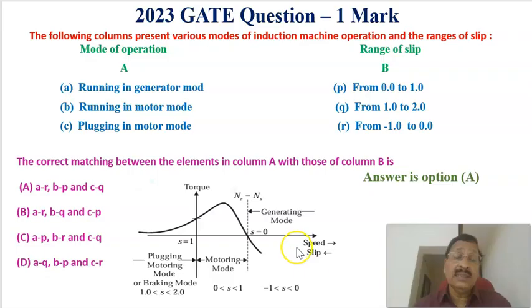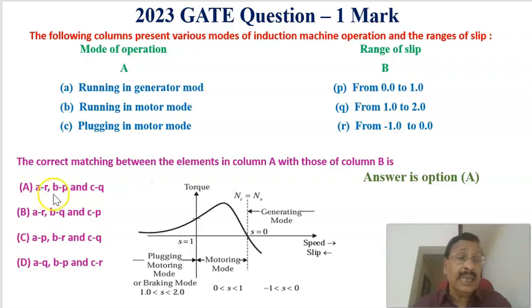When the rotor speed is more than the synchronous speed, that is N is more than Ns, we will get a negative slip, and this mode of operation is called the generating mode of operation. Generating mode means the machine becomes a generator, that is A, and that happens from -1 to 0, which is R.